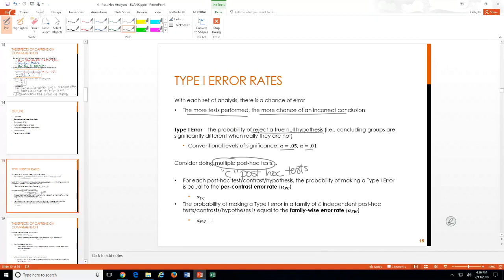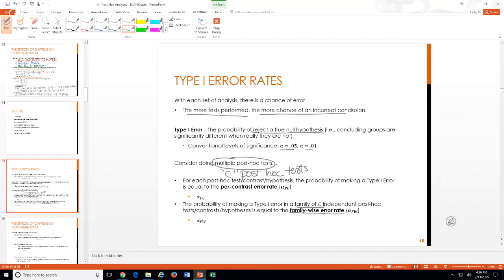Then the probability of making a type 1 error per contrast is alpha PC. So for all of those hypotheses that we just did, there's a 5% chance of error on the first, a 5% chance on the second, a 5% chance on the third. The probability of making a type 1 error in that family of contrasts is called the family-wise error rate.